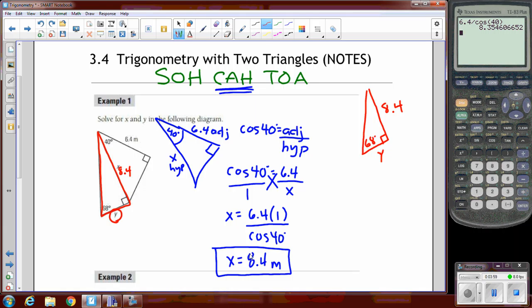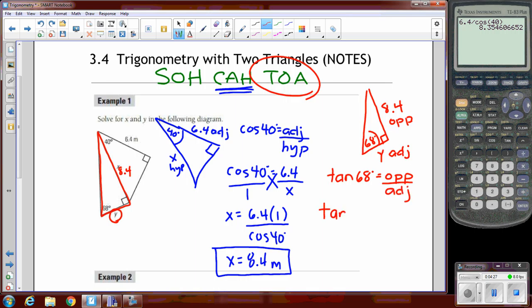So now when I look at this diagram, if this is my reference angle, 68, this side is now the opposite of 68, and this side is adjacent. So when we look up our little SOHCAHTOA, that's tangent. So we're going to say the tan of 68 degrees is opposite over adjacent.